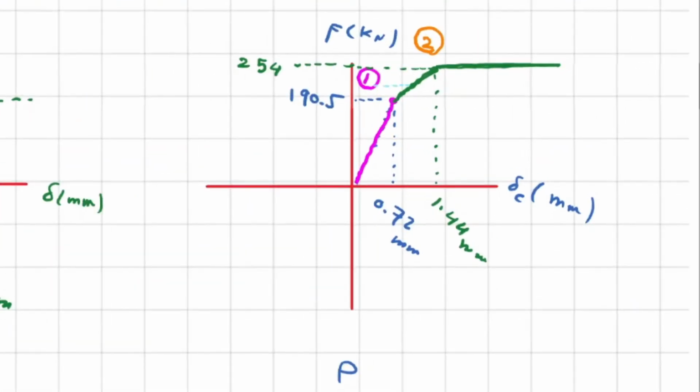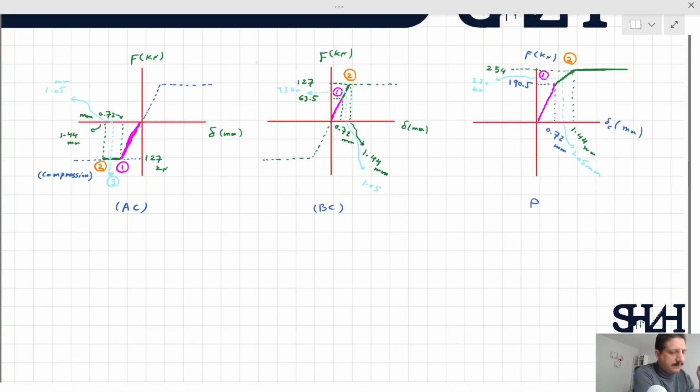And from this graph also we are here, 220 kilonewton with the corresponding value of 1.05 millimeter. So now if you apply the reverse loading, the capacity of AC is not 127 for the elastic phase. Now it is 254 kilonewton.